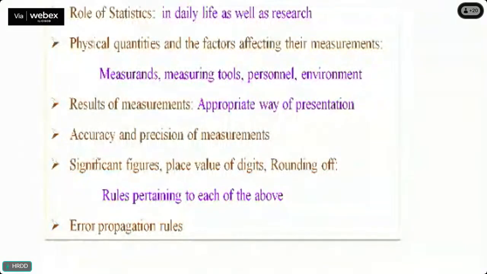For that, we learned different terminologies like accuracy, precision, standard deviation, place value, significant figures, rounding rules, and error propagation rules. Then we applied all these together to arrive at the final calculation result and the proper way of representing the result with the value, the standard deviation, another name for which is uncertainty, and the unit of the quantity.